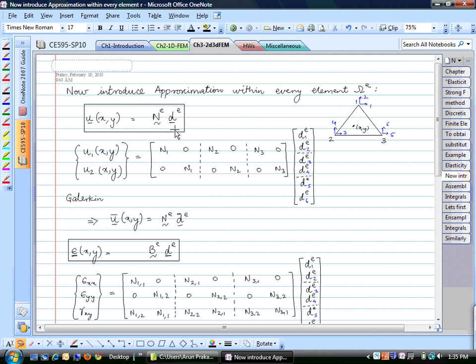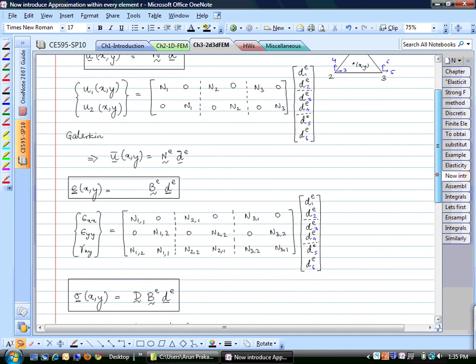This is the finite element approximation for a three-noded triangle, which is again the same form, N matrix multiplied with the degrees of freedom. This is something very standard, and you have to make sure you understand these steps. These will be common to all finite element formulations.